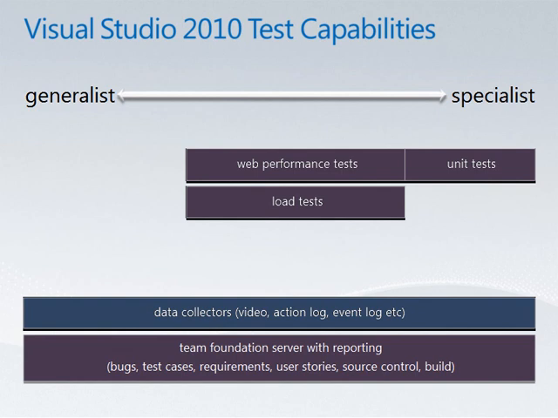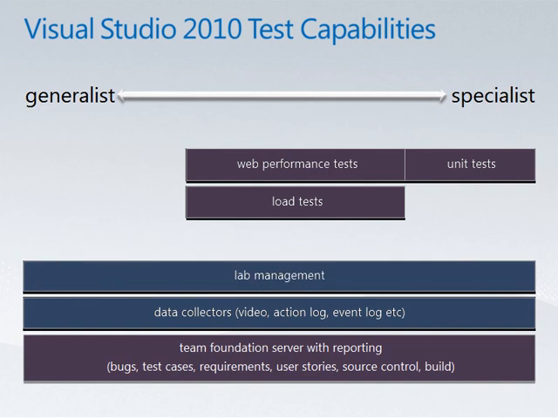Now, some things that we've recently added in 2010 that I'm going to talk about today are data collectors. So the ability to set up some automatic data collection that's happening in the background as you're running a test. We'll deep dive on where that gets set up and how to do that. There's some really exciting new data collection that you can enable as part of your testing, whether it's manual testing or automated testing. We also have a new capability called lab management. Lab management is actually an add-on to Team Foundation Server.